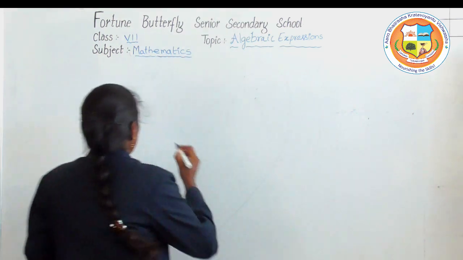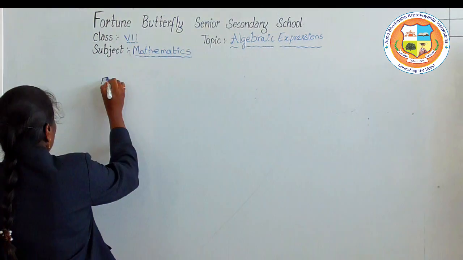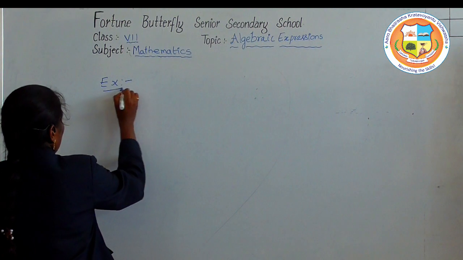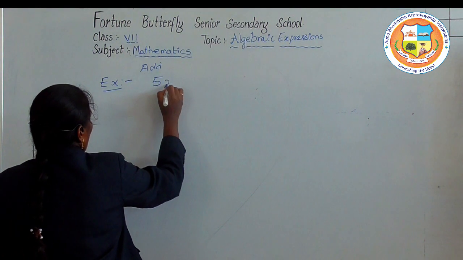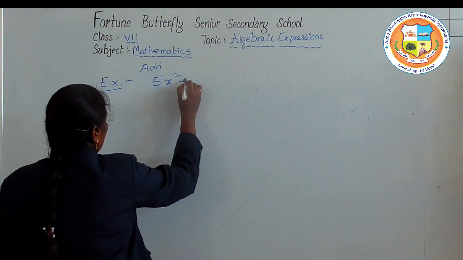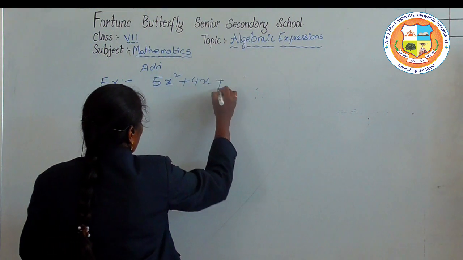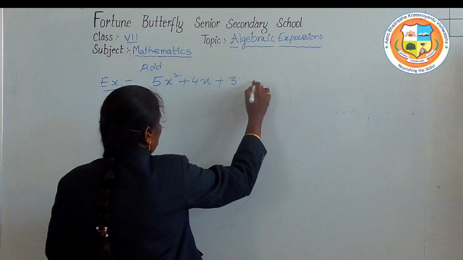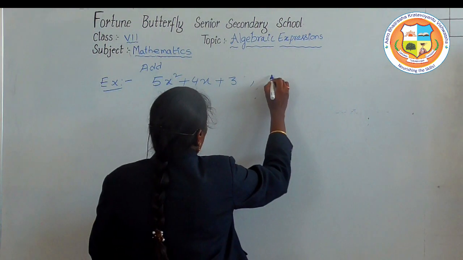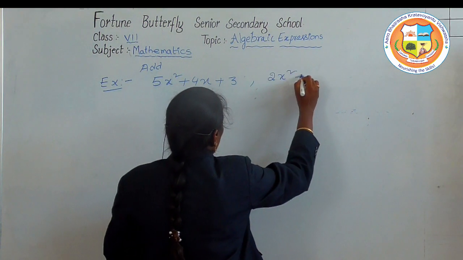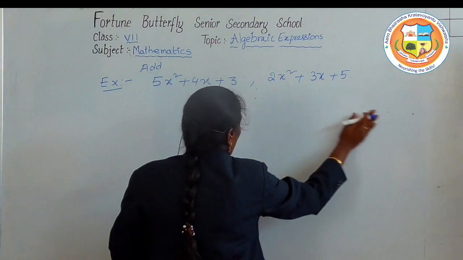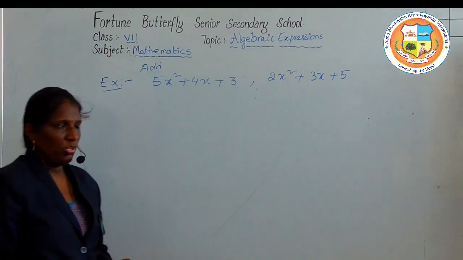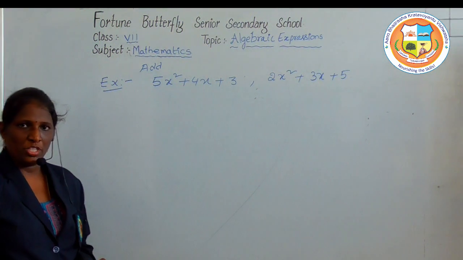Now, first, for example, add 5x^2 + 4x + 3 and 2x^2 + 3x + 5 expressions.